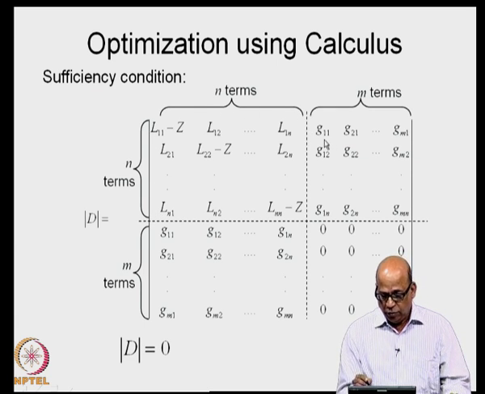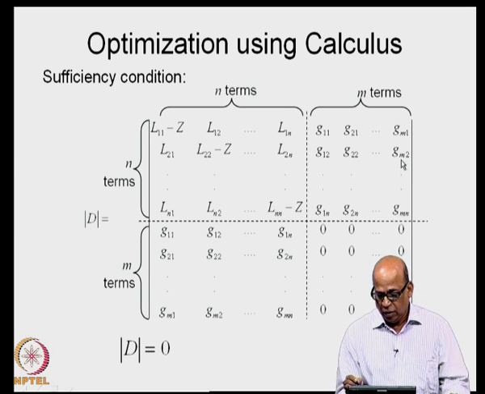followed by G_11, G_21 etcetera G_m1, which means the first constraint with respect to first variable, second constraint with respect to first variable, mth constraint with respect to first variable, then G_12, G_22, G_m2, first constraint with respect to second variable, second constraint with respect to second variable, mth constraint with respect to second variable.